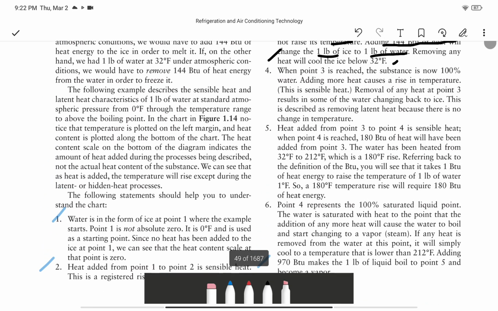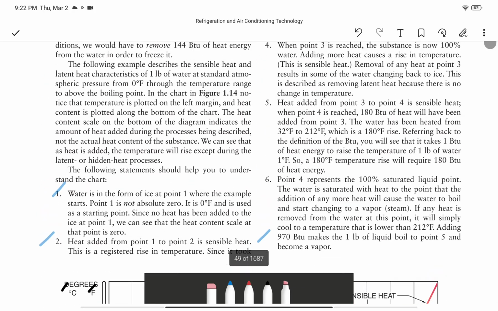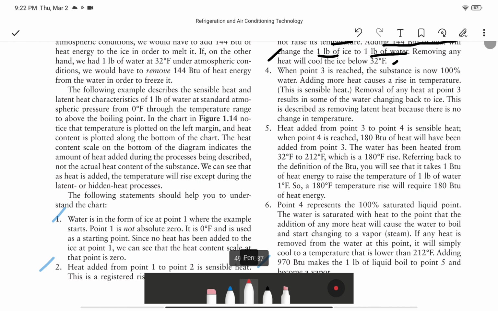Okay, and what happened there? So when point 3 is reached, I'm reading this, the substance is now 100% water. Adding more heat causes the temperature to rise. Of course, this is sensible heat.